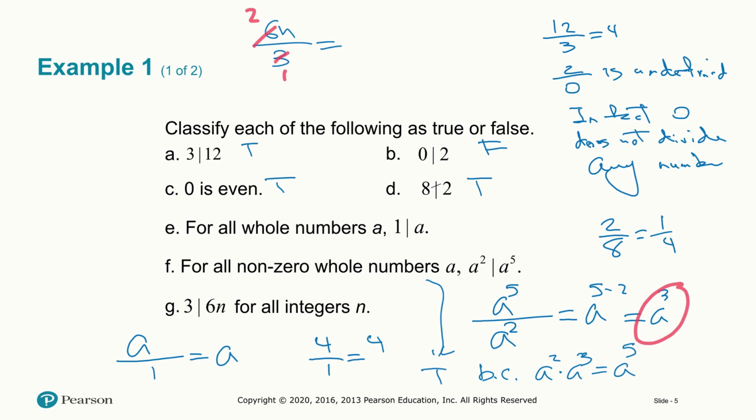So we normally don't write that 1, but if you want to, you can. So we notice that we get 2n. So of course, that's a clean division with no leftover. So yes, 3 does divide 6n. So this is true. We found out that this was true and this was true. Okay? All right, so simple but important little facts. Make sure you understand them before you move on.